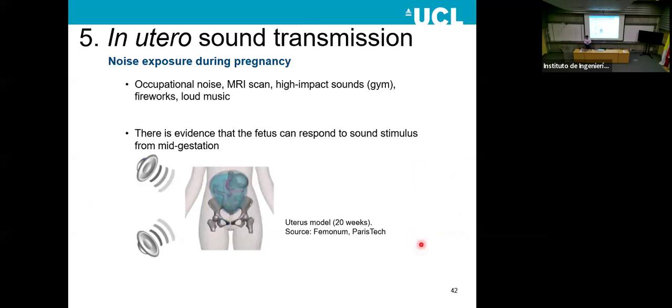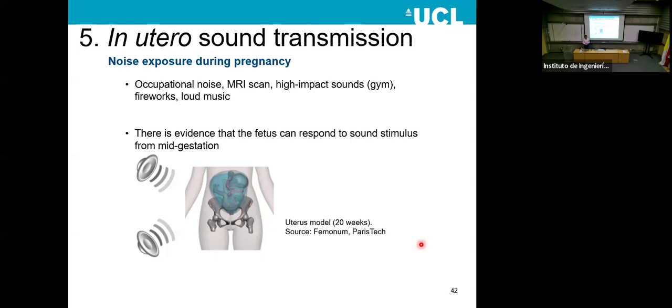So, in utero sound transmission, I told you about this earlier. In this day and age, well, for at least 100 years since the Industrial Revolution, we've been exposed to unprecedented levels of noise.